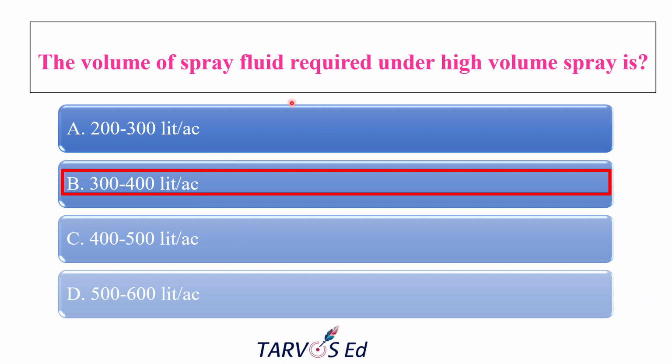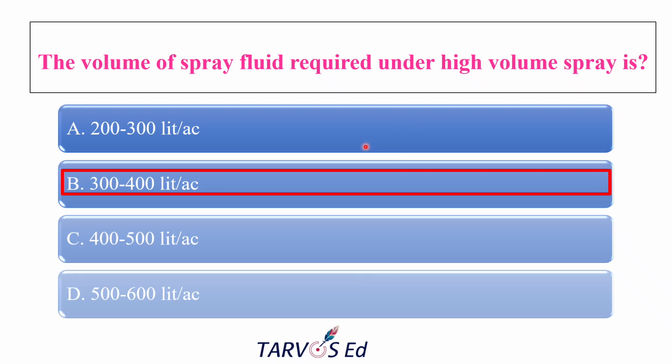The direct correct answer is not given. The answer is more than 400. That is the correct answer. But here they have given 300 to 400 liter per acre. So as of now, you just remember this. But in general, I will give you some ideas. High volume spray means more than 400 liters are required to cover 1 hectare area.